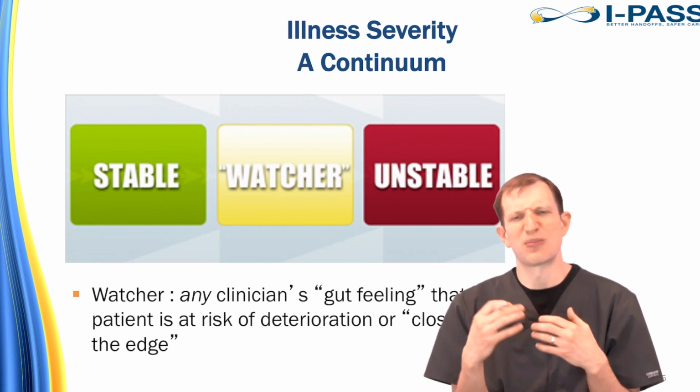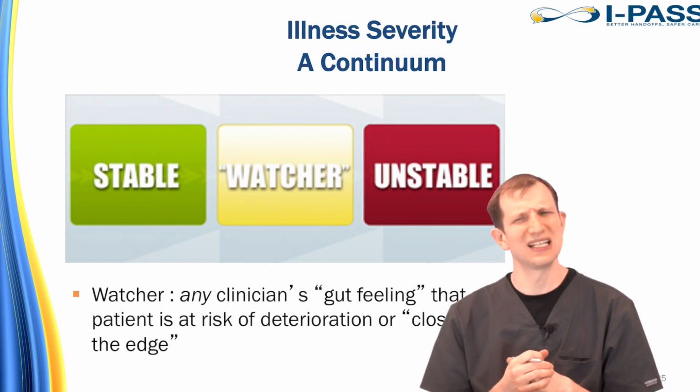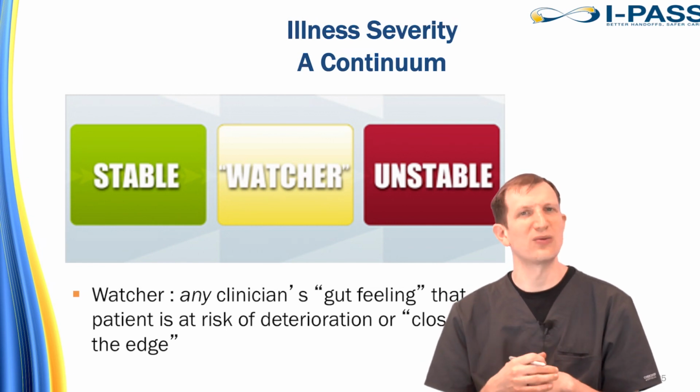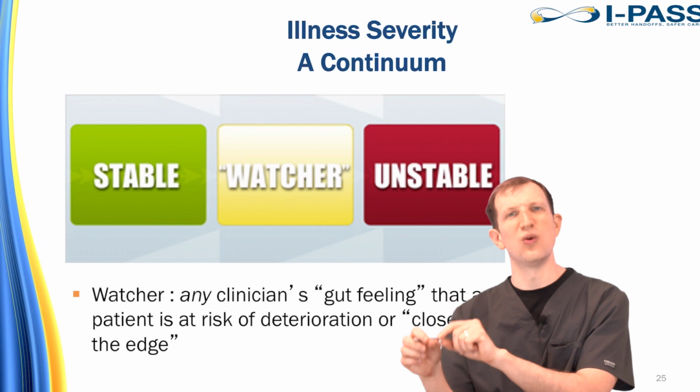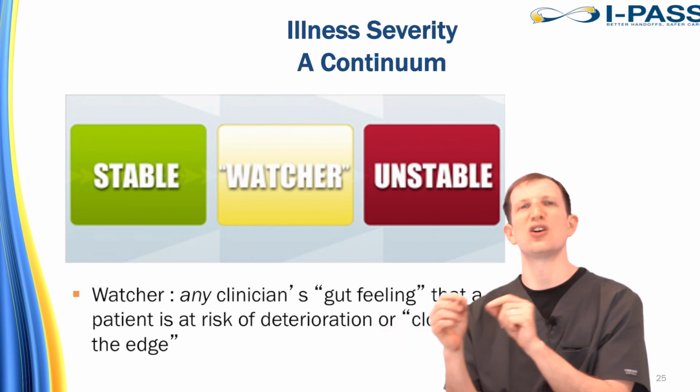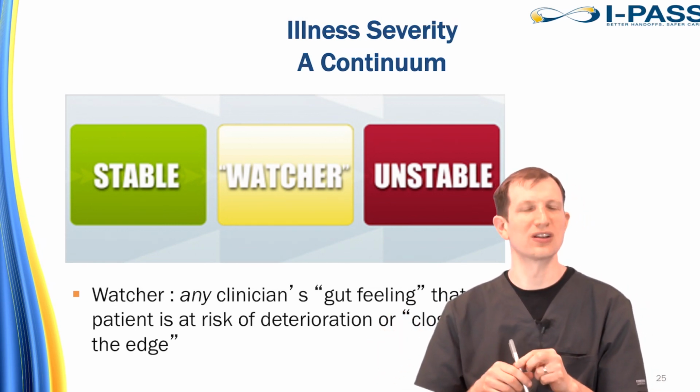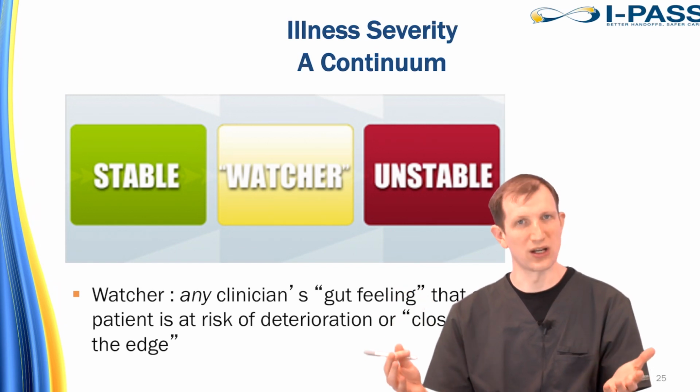That person that in your gut you say, something's just not quite right about them. And a watcher is someone who you want the cross-cover team overnight to go check on during the night, hence the name watcher.